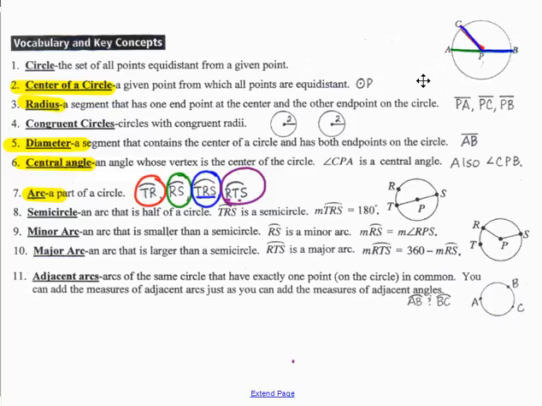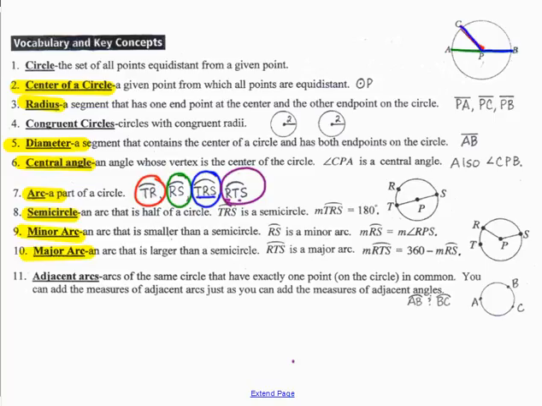Okay. So then we look at semicircle. You guys used to do that in elementary school. You used to sit in a semicircle. That means half a circle. Semi means half. So this right here is a semicircle. All right. Then we've got major arcs and minor arcs.